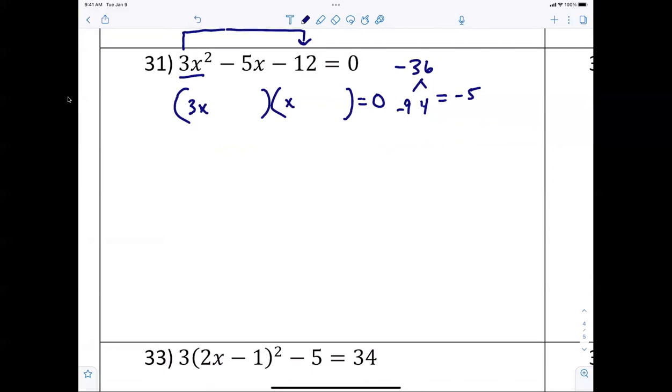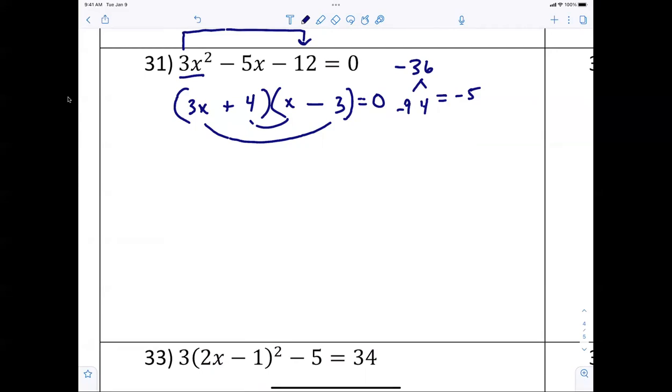What am I going to use? 4 and 3. Where does the 3 have to go? On the right, and the 4 has to go where? On the left. Now I'm looking here saying 9 and 4. I want it to be -5. So the 9 is going to be, and the 4 is, come on, guys.